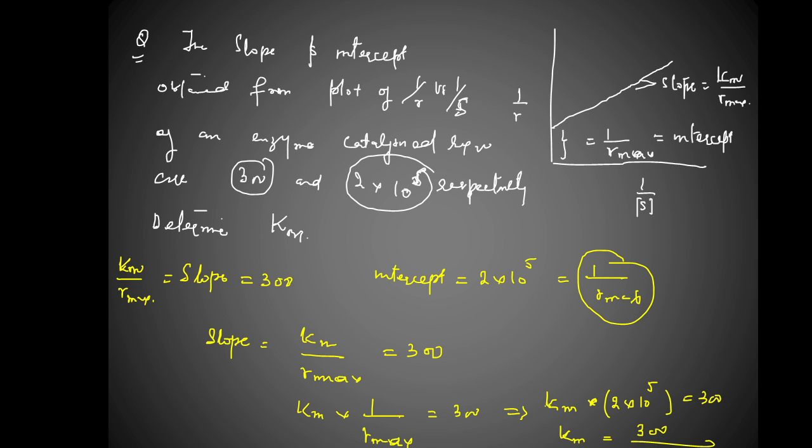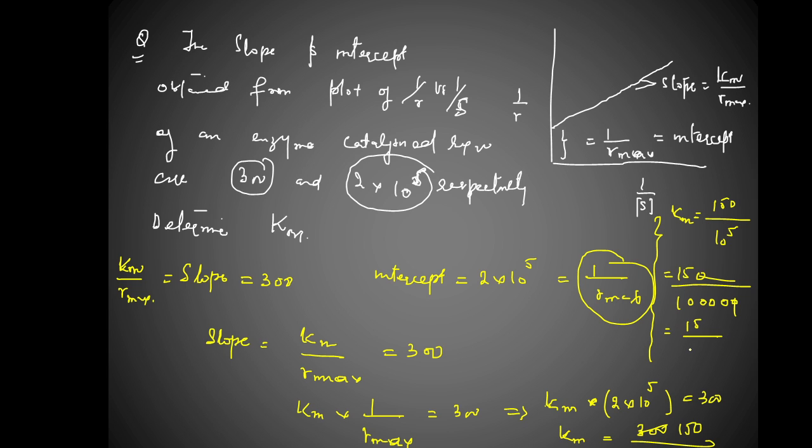So what will happen over here? 2 ones are 2, 2 1s are 150. So Km will be equal to 150 divided by 10 raised to power 5, which means 10000, and this 0 will go.